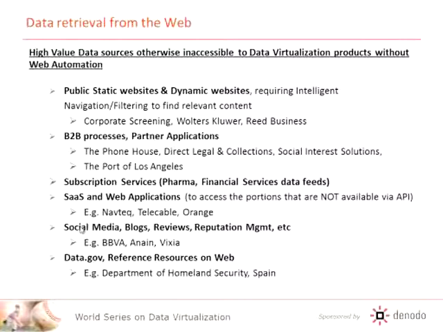Then we have sources under the umbrella of social media, that's blogs, reviews, that can be used in reputation management or to gain an understanding of what people are saying about me, my company, and my products, basically trying to understand the pulse of the market. Finally, we have data.gov and other reference sources where huge amounts of data is publicly available.